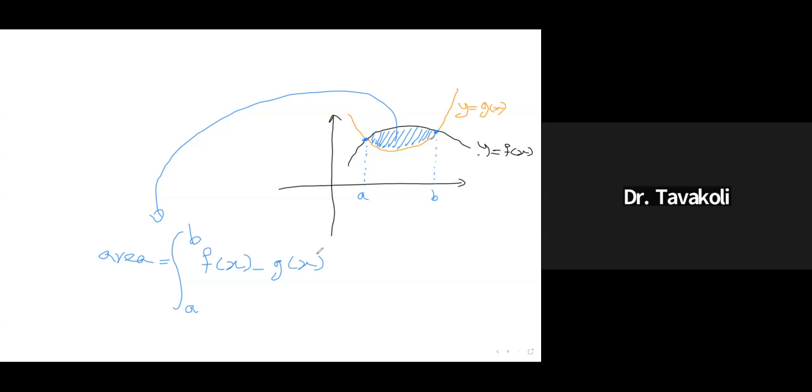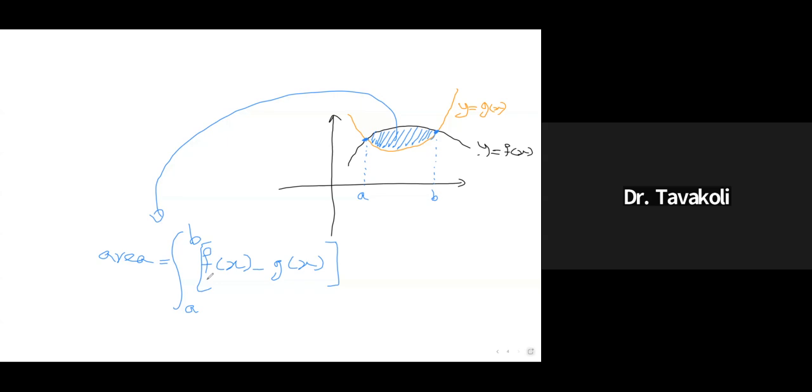I'm talking from a to b. F of x is bigger than g of x. That's why when forming the subtraction, I write that first. F of x first and then minus g of x. So in problems like this, we need to find points of intersection to find out what our a and b are, and then do the integral.